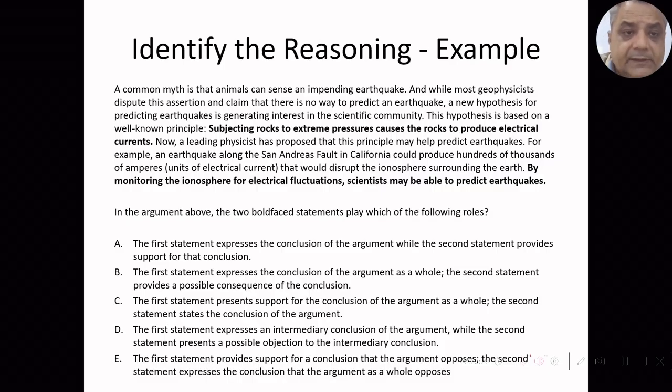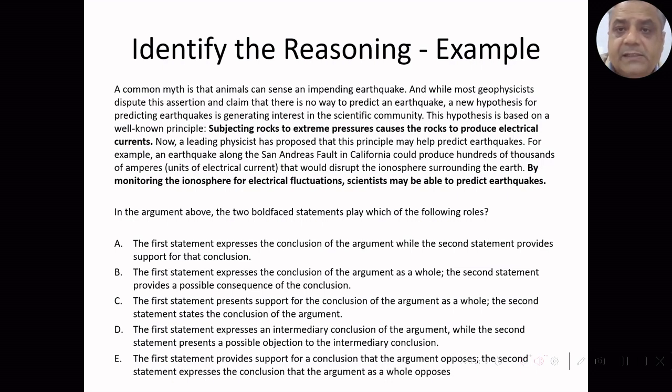So let's see whether we can find out which role these two bold statements play. We have options A, B and D saying that the first statement expresses the conclusion of the argument.